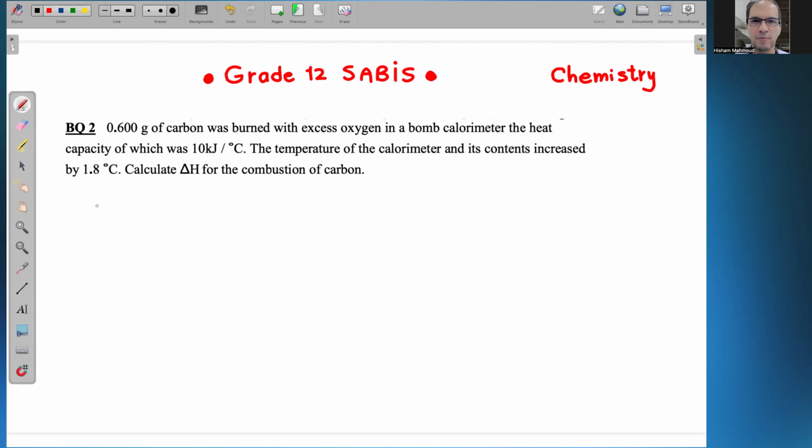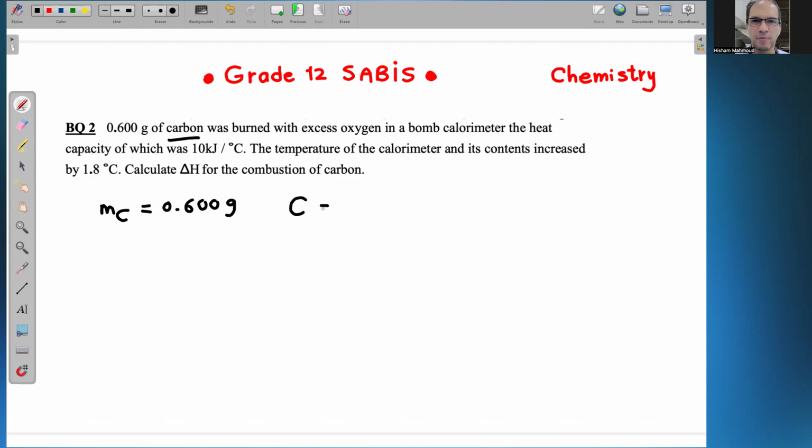The given is the mass, equal to 0.600 grams, but this is the mass of what? Of the carbon, the fuel that I am going to burn. I'm given also the capital C, which is the heat capacity. Take care, this is the heat capacity, not the specific heat capacity.